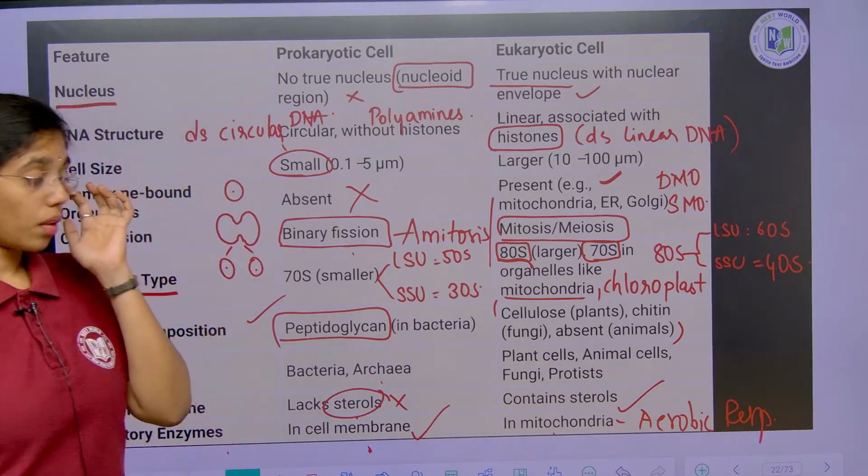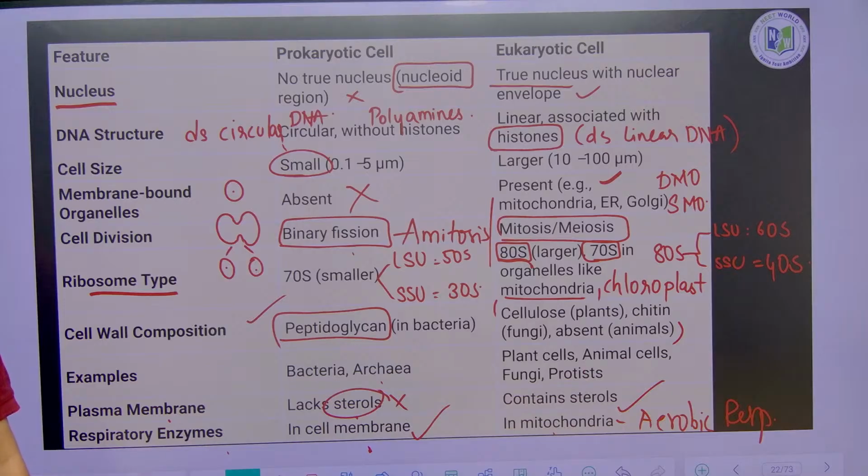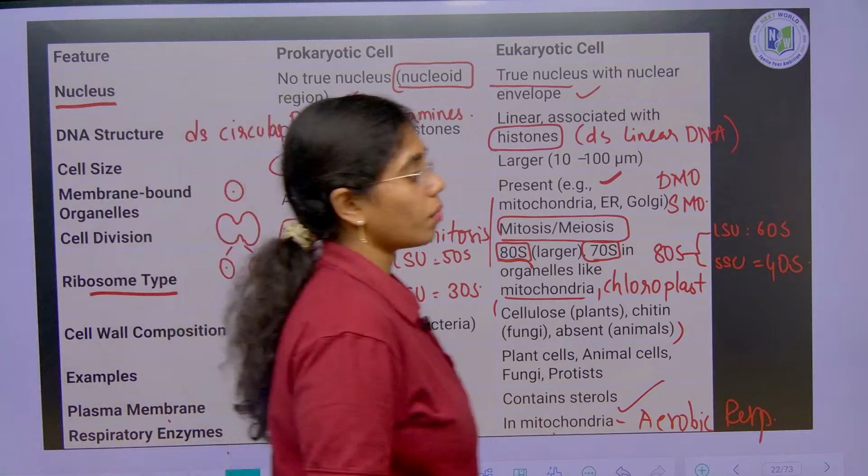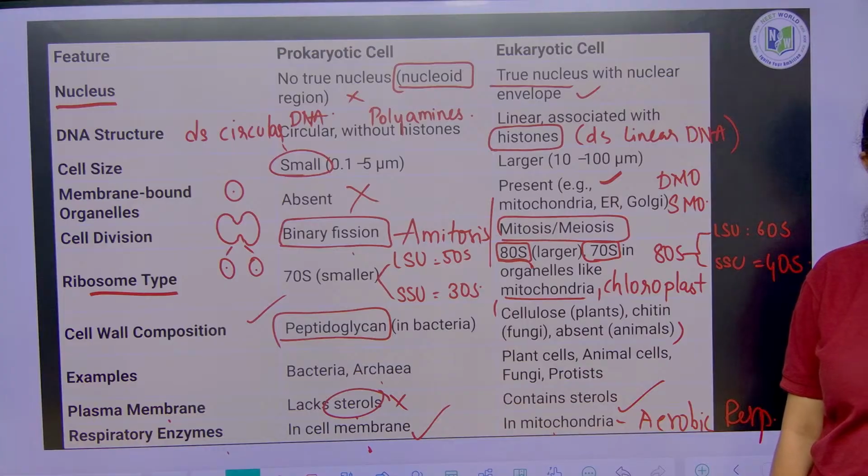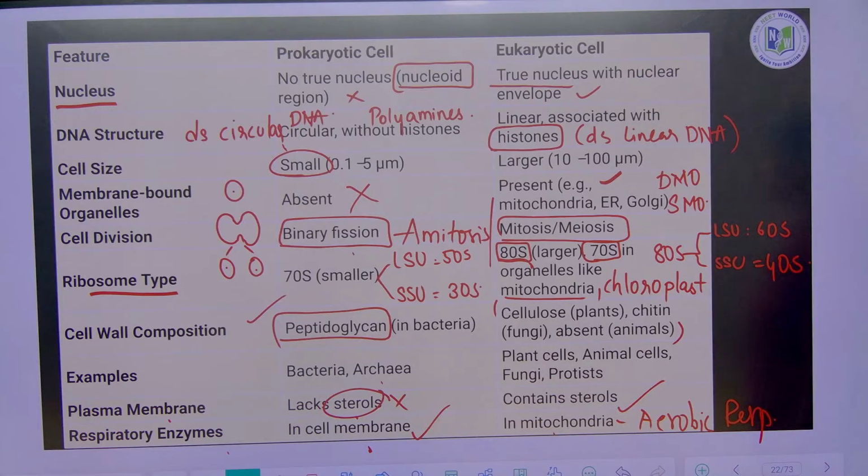Is it done? You can make out the differences from the diagram also, no?